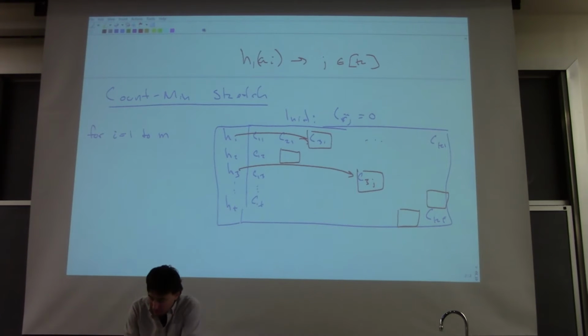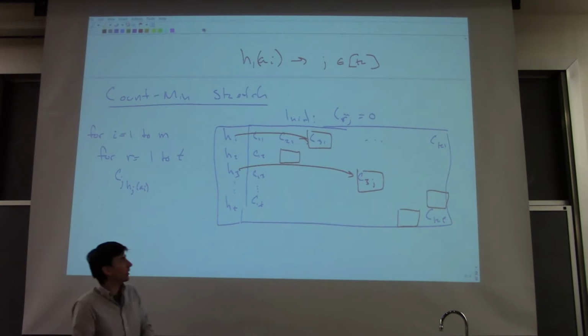All right, so let's try and write this down in the algorithm. For r equals 1 to t, so iterate over my hash functions, the counter is C of r, the rth row, and the counter I hash to is h_r of a_i.